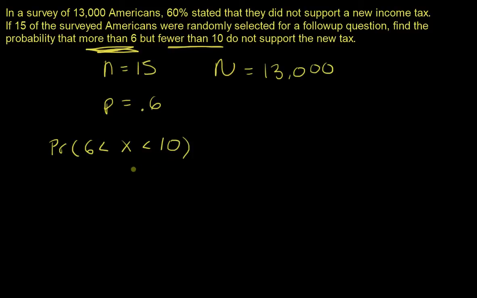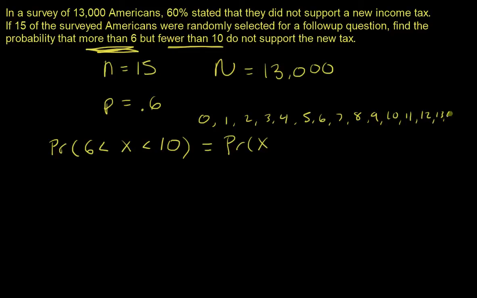All right, so let me go ahead and write this out. So x could be 0, 1, 2, 3, 4, 5, 6, 7, 8, 9, 10, 11, 12, 13, 14, 15, right? 0 people out of the 15 selected could support the income tax. 1 person could support it out of the 15 selected.